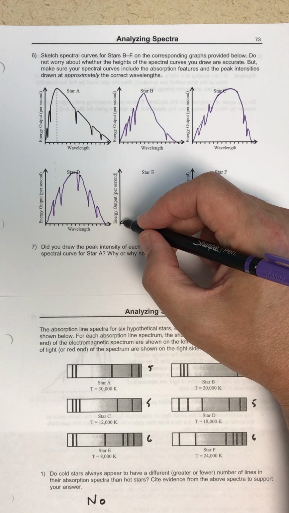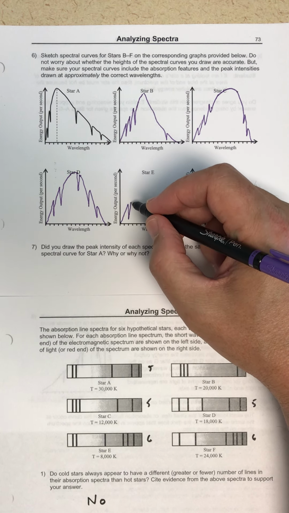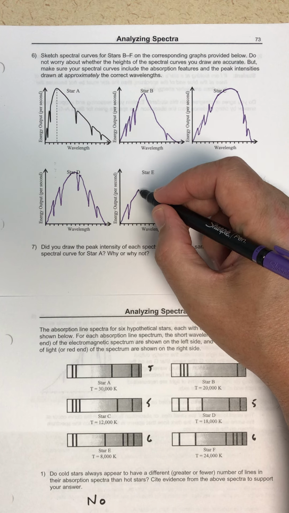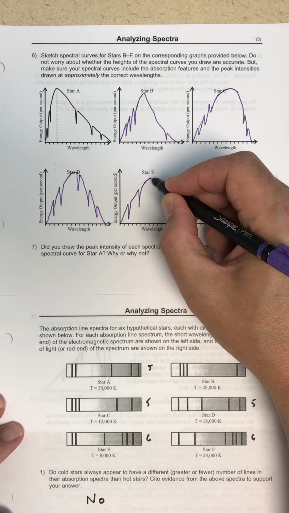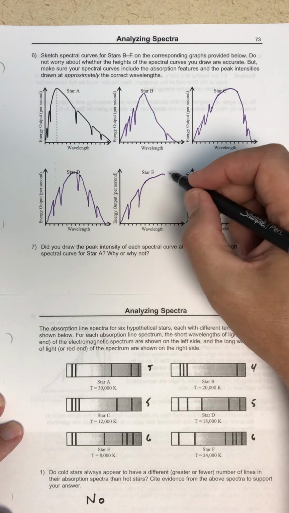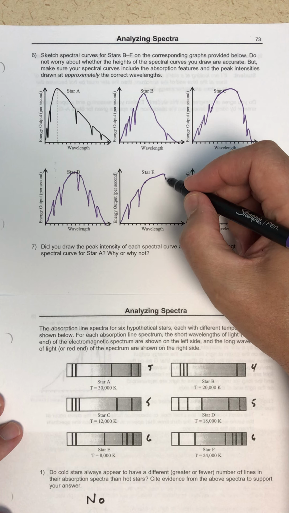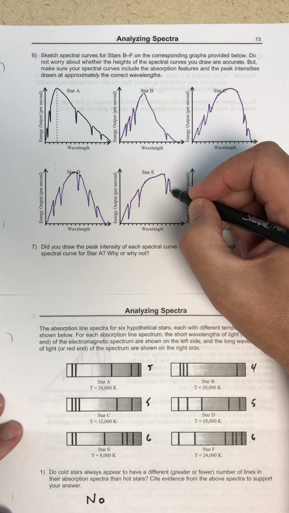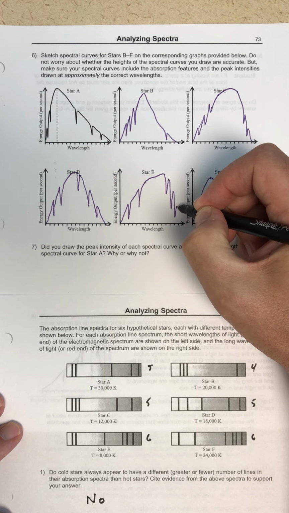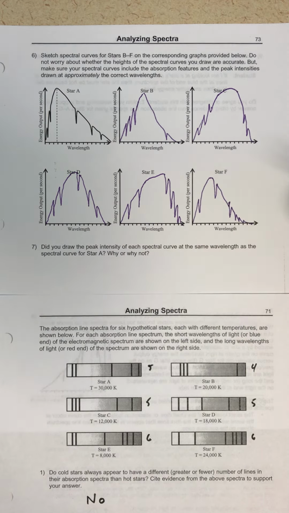So 2 on the way up. And then 1. And then 3 on the way down. Something like that.